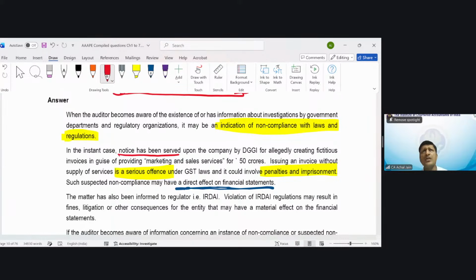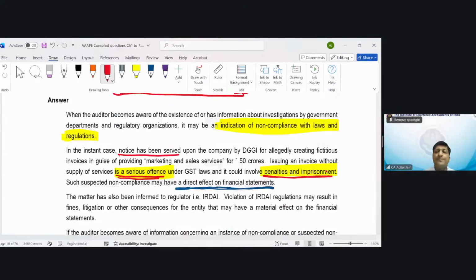Of course the amount doesn't matter, because it all reflects on the integrity of the management. Issuing an invoice without the supply of services is a serious offense. So we are talking about a serious offense under the GST laws, and it could involve penalties and imprisonment.